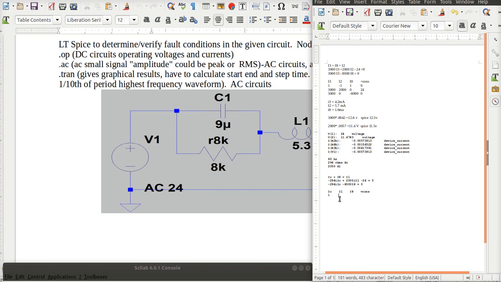This is a 1. And this is a -1. So IC plus IL should be plus I8, and this should be a minus, and a 0.